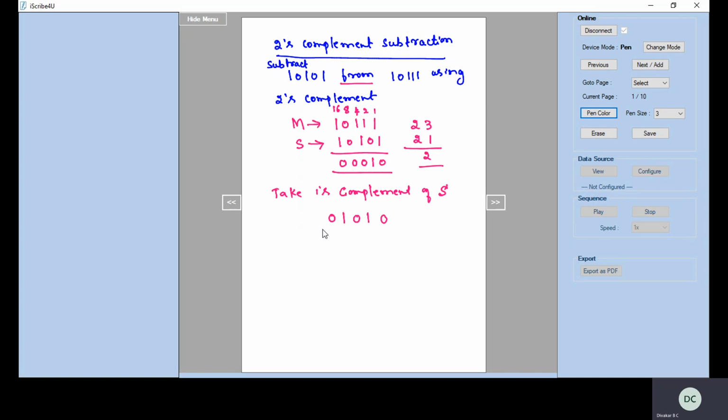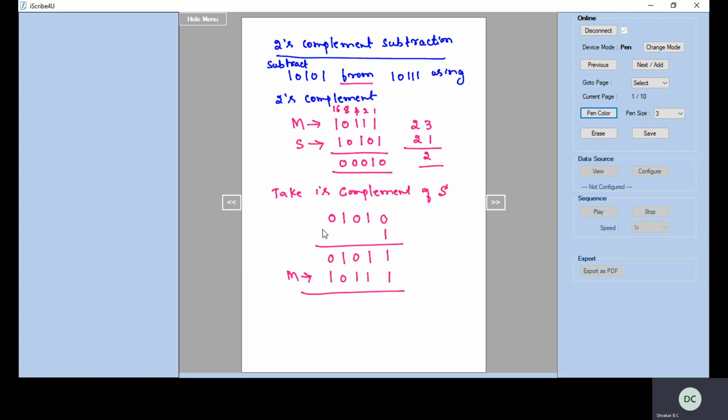Since we are dealing with the two's complement, add 1 to the one's complement of the number: that gives 01011. Add this result with the minuend. The minuend is 10111.